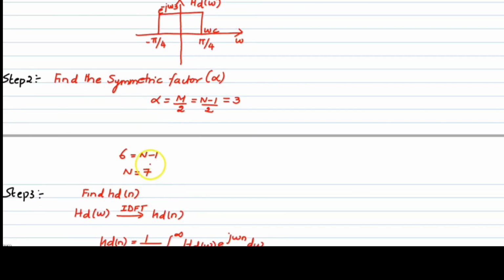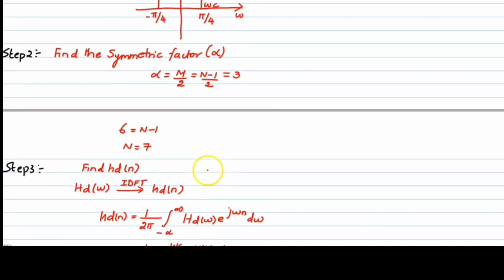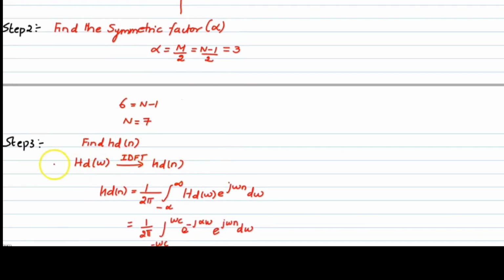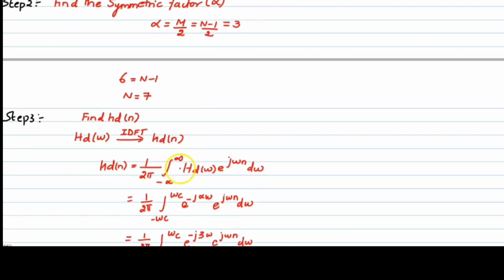Then step 3 is to find HD of n. From HD of omega, if you take the inverse Fourier transform, you will get the value of HD of n. So the HD of n formula is equal to 1 divided by 2 pi, integral from minus infinity to infinity, HD of omega into e power j omega n into d omega.